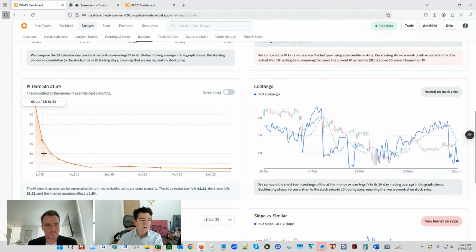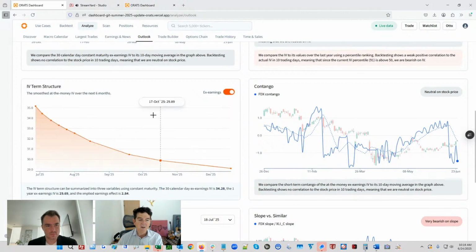But they usually assume that it's going to fall to a lower amount, like 30, but this one's only falling to 35, because of how we solve for this term structure.